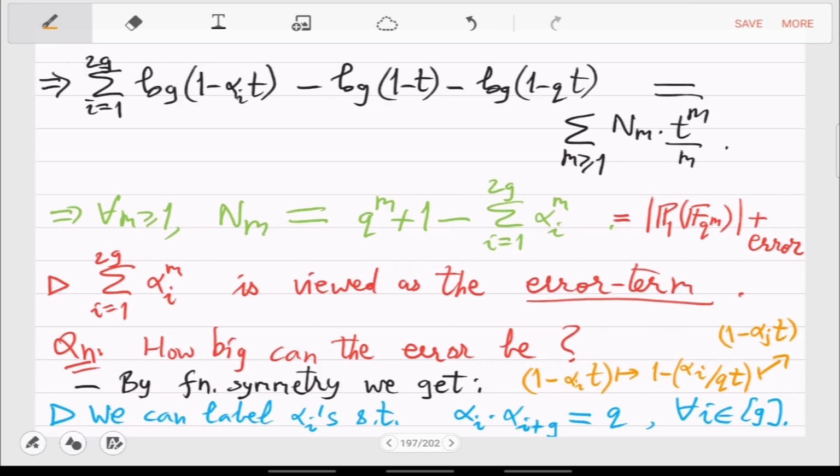So alpha_i by q will be equal to 1 over alpha_j. That's the pairing. So the functional equation gives you this symmetry. Okay, so the next thing we will prove is the Riemann hypothesis, which conjectures that the norms of alpha_i's are equal, which means that they have to be square root q.